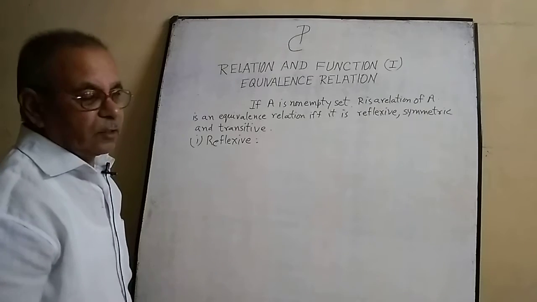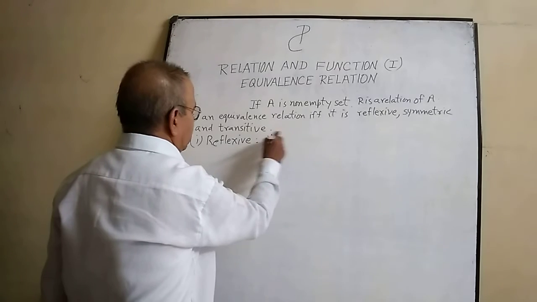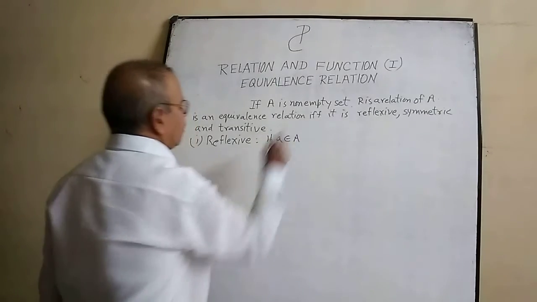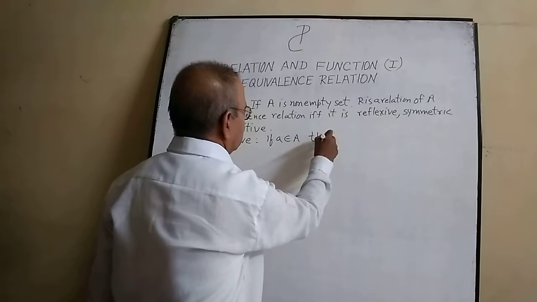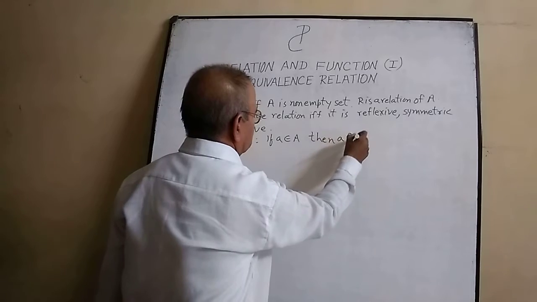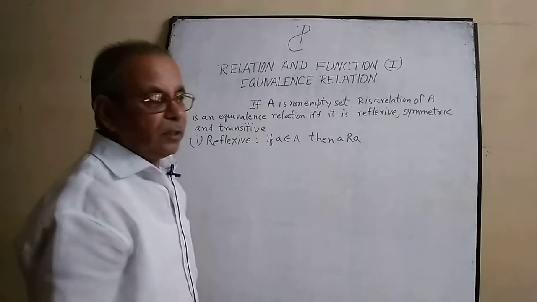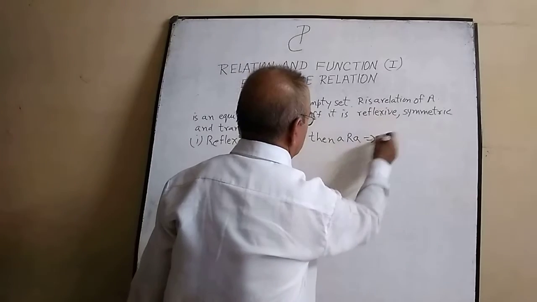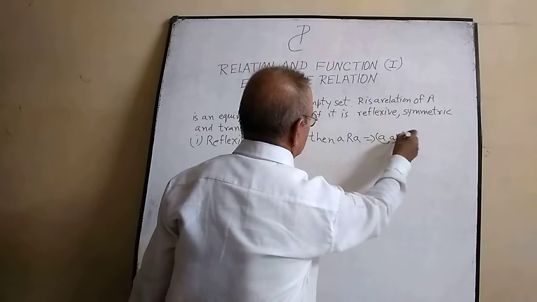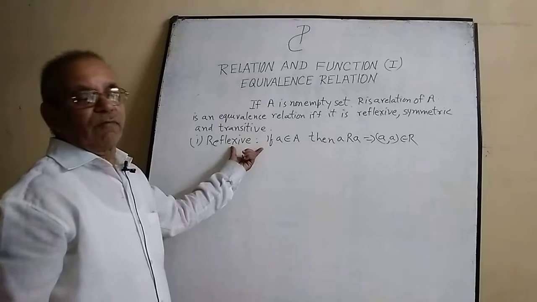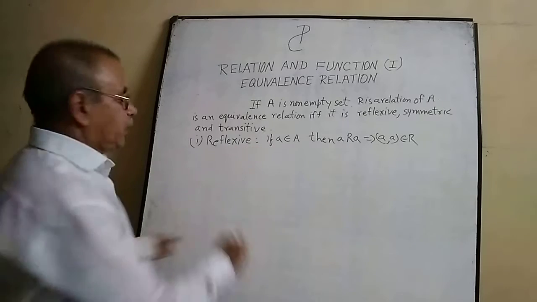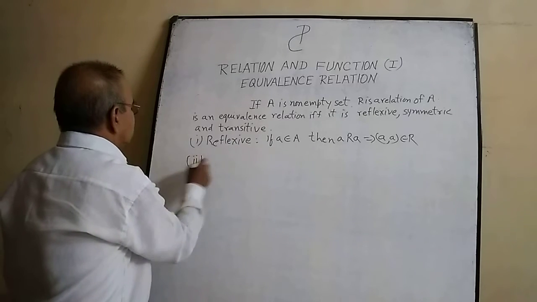In this reflexive, suppose a is an element of set A, then aRa is also a relation, which implies that (a, a) belongs to R. This is the condition of reflexive relation. The second one is symmetric.